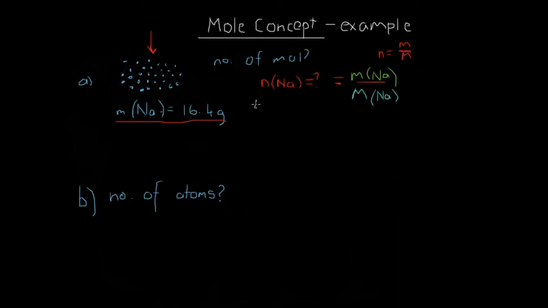So the molar mass of sodium is 23.0 grams per mole. And as we've just measured, the mass of sodium is 16.4 grams.